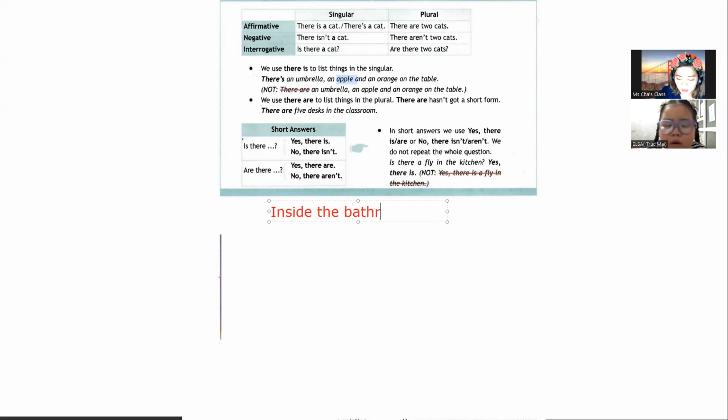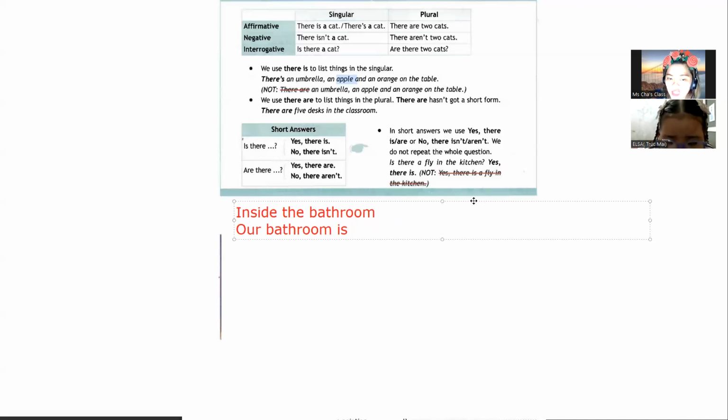Inside the bathroom. So that is the title of your speaking activity. How can you describe your bathroom? What adjectives can you use for it?